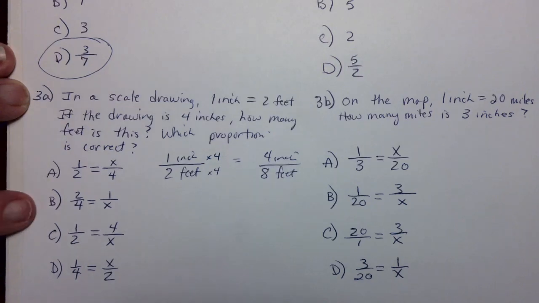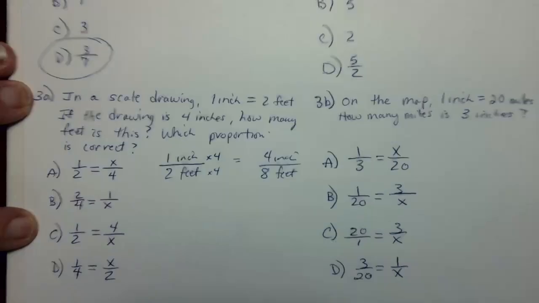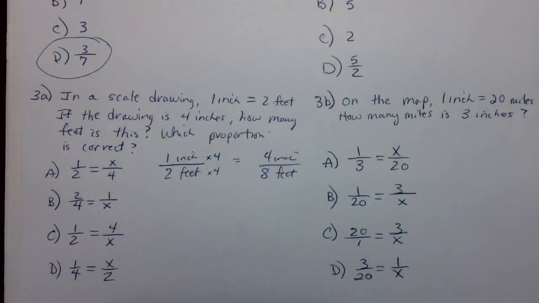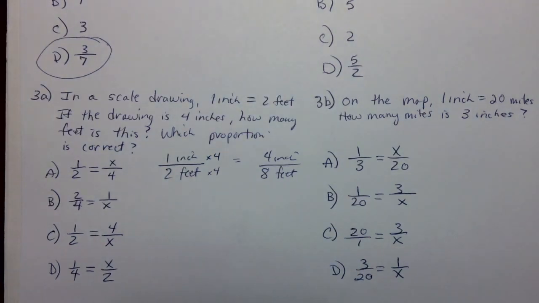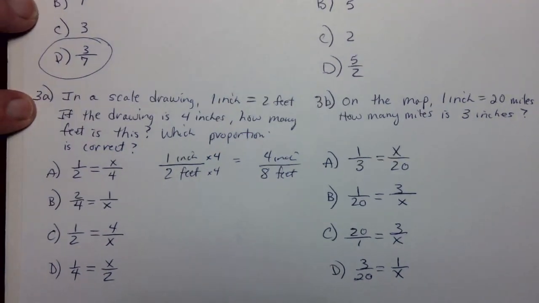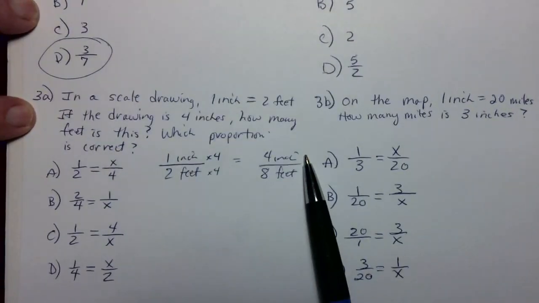How many feet is this? Which proportion is correct? All right, so take a look at your choices. If I have inches on the top here, I have to have inches on the top over here.